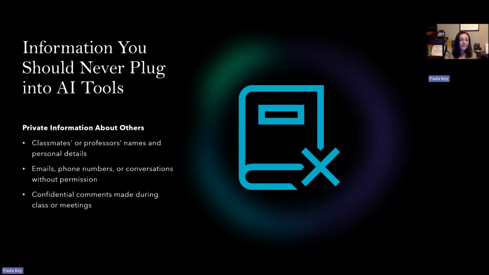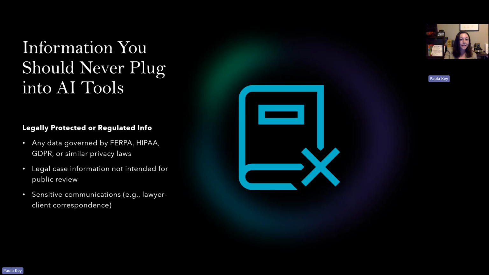So, yeah, emails, phone numbers, conversations without permission, confidential comments that are made during class meetings. I mean, some things just do not belong in an LLM. So any data that's owned by the government, like FERPA says that I can't share your academic information with other people.